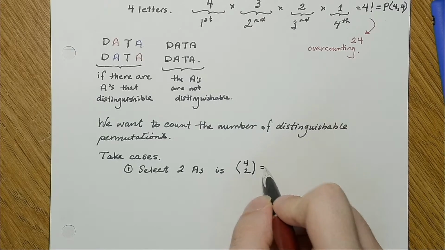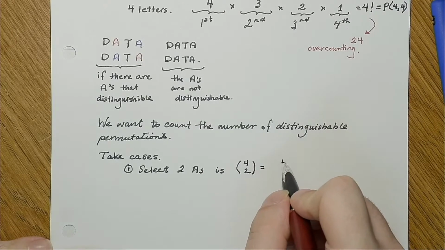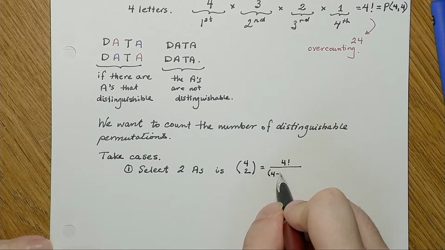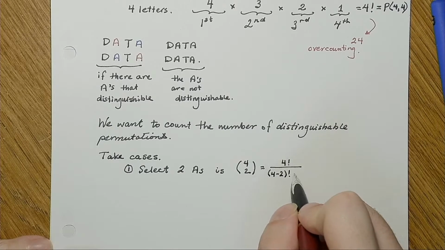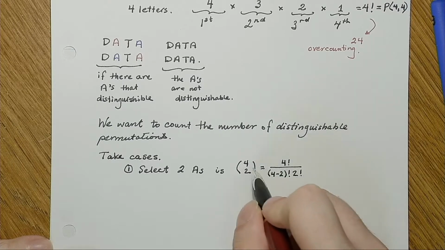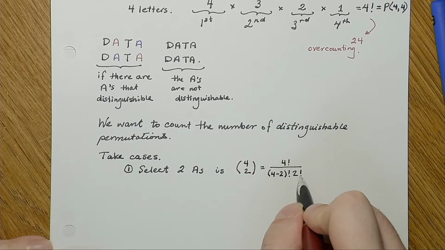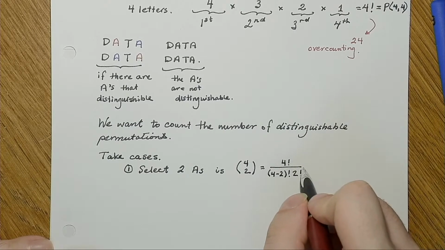And so we can just apply our formula for that. That's n choose r, which is n factorial over r factorial times n minus r factorial.